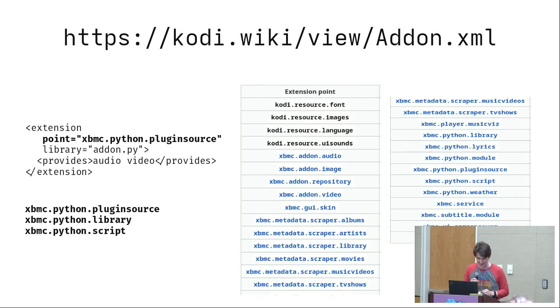But here are all the valid extension points, all the things that you can add to your add-on, and again, you can add multiple if you want. For this one, it's a plugin source, as we said. So this is adding new media to the Kodi menu system. But we could also do libraries and scripts and stuff.